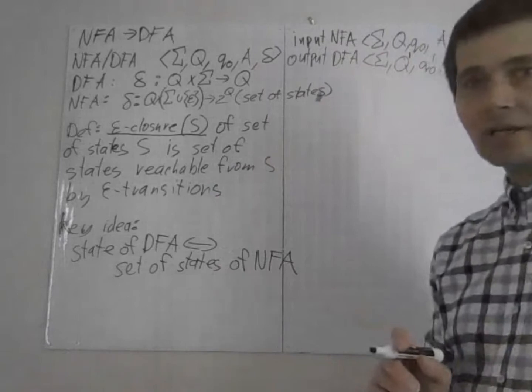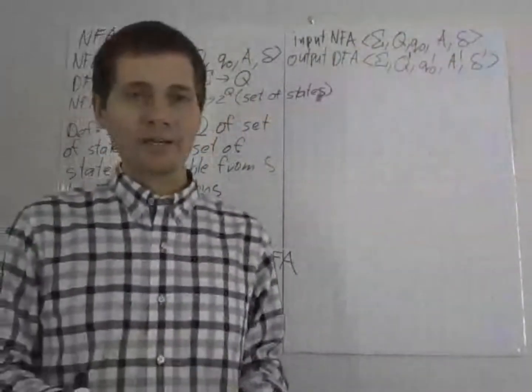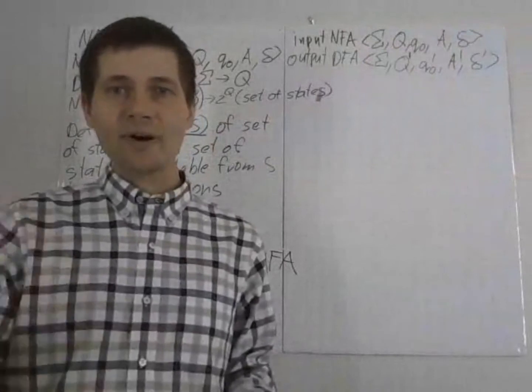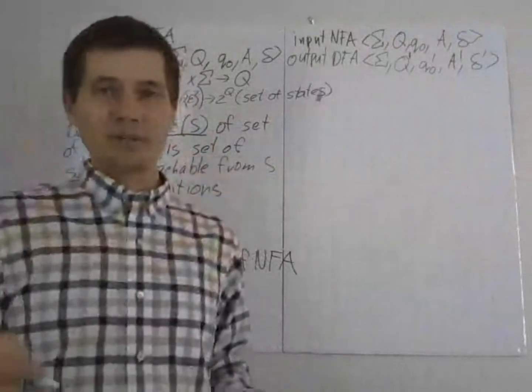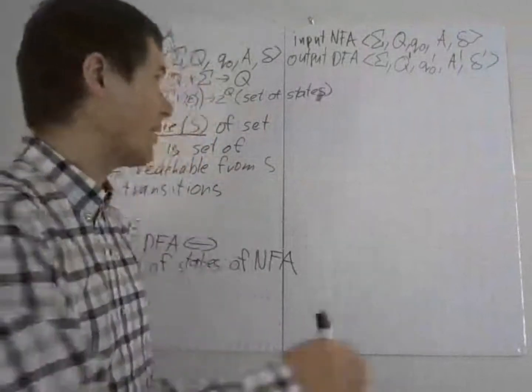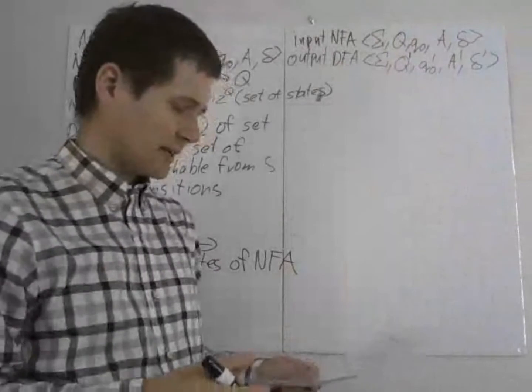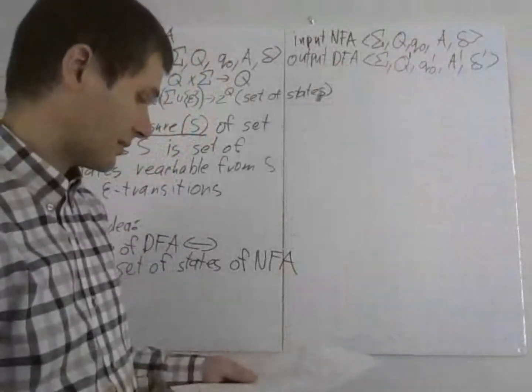Okay, and so to define the transformation, what I need to do is define the primed things in terms of the non-prime things, right? The alphabet is already defined, they're equal, but the other components I have to define.